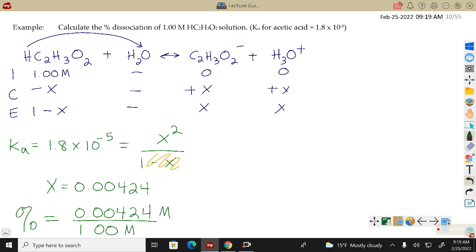These are both molarities. I'm going to multiply by 100 to make it a percent. And yes, this is small: 0.424%. Less than 1% of those acetic acid molecules dissociate. Isn't that crazy? Super tiny. So yes, this is a weak acid.